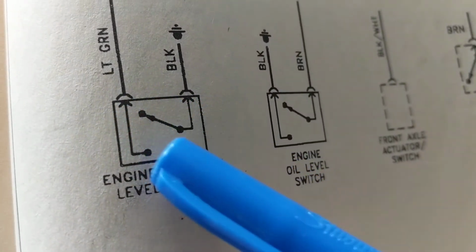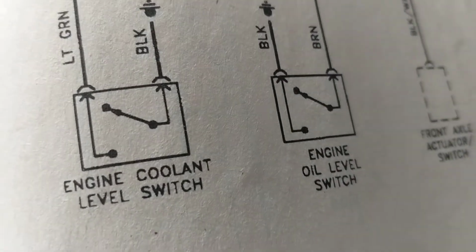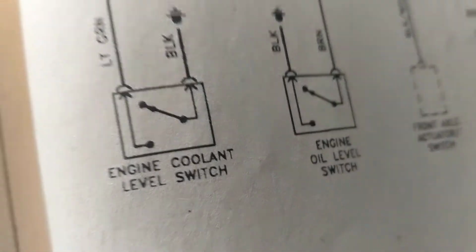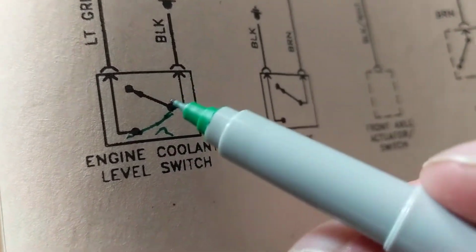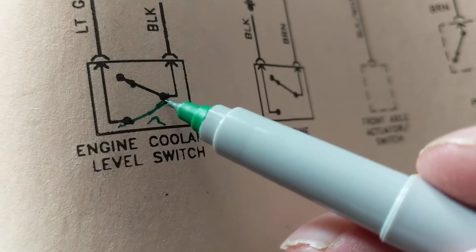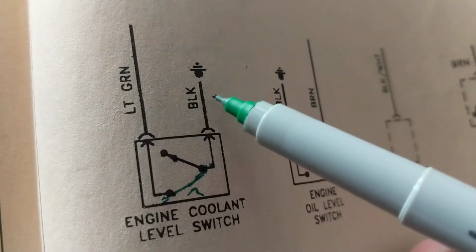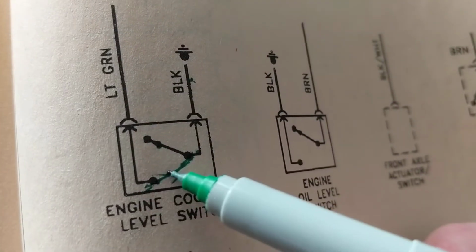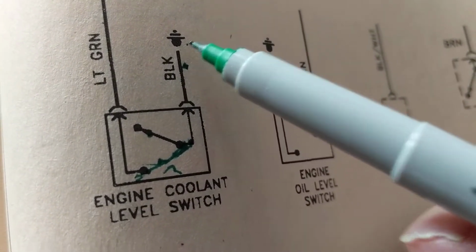When it is engaged, when it is closed, as we say, let's close it. This is pivoted or toggled from here to here. Now, do we have a connection from here to here? Yes, the light green wire is connected through the switch to the black wire to ground.